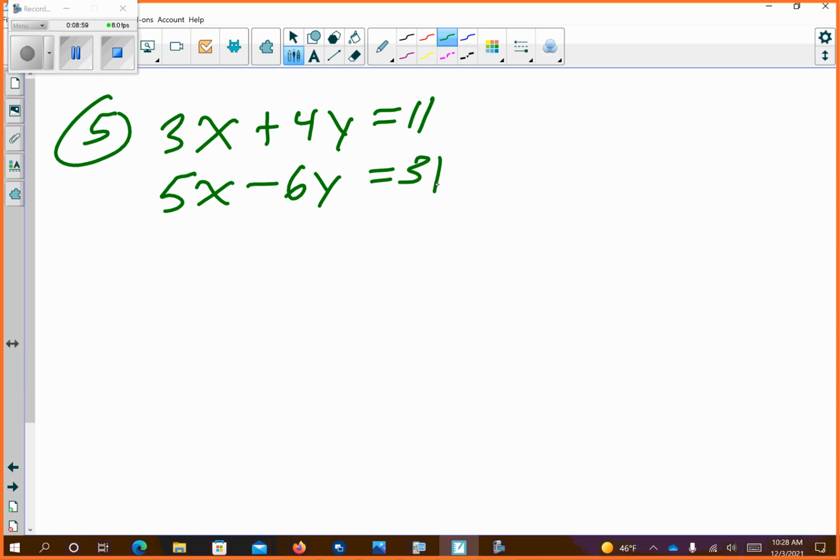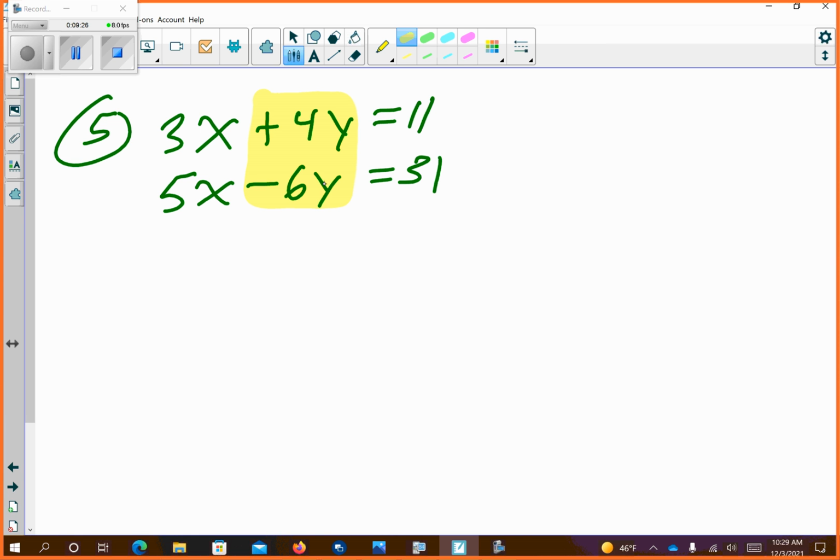Okay, so now my next step would be like, okay, what do I want to get rid of? I think I would choose, and let's see if I can get you to buy into this, I'm going to choose to get the y's to go away. And the only reason I'm choosing to do the y's is one of them's positive and one of them's negative. So I don't have to worry about distributing a negative over. Does that make sense?